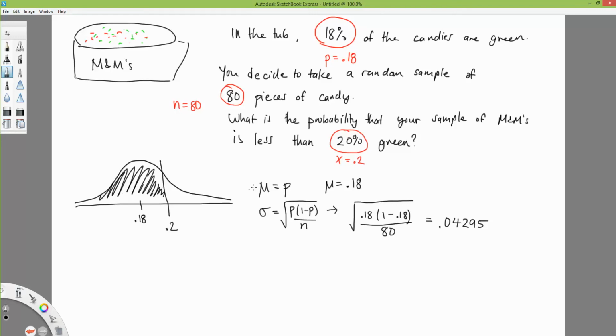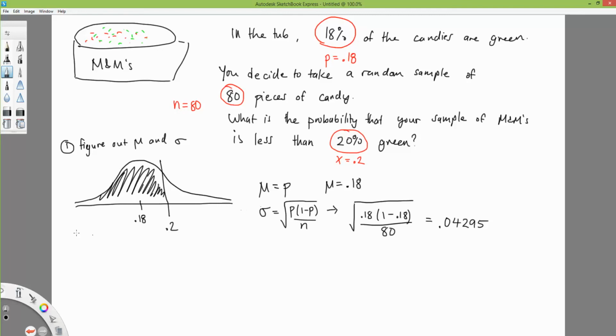I've got my mu, I've got my sigma. The next thing I do is I have to find the z-score. Oh, somebody wanted to do step by step. So step one is figure out mu and sigma, and your formulas for mu and sigma are right there.